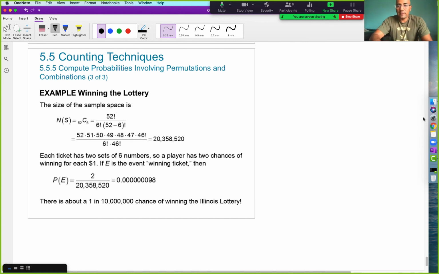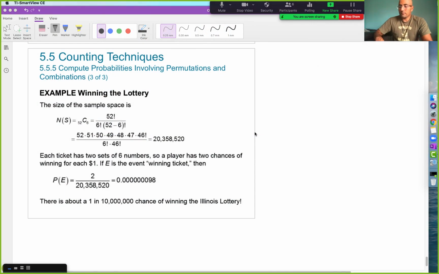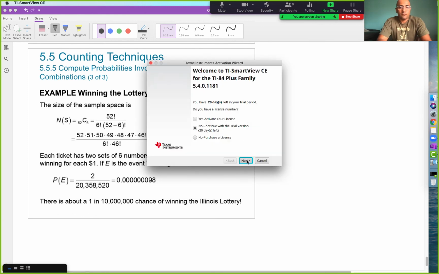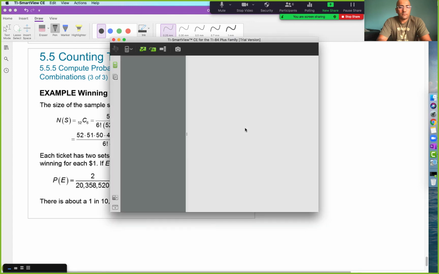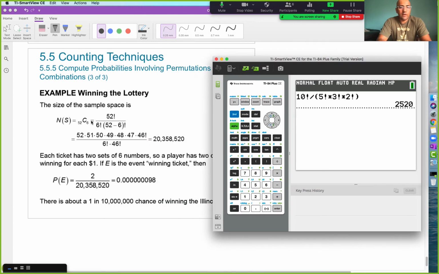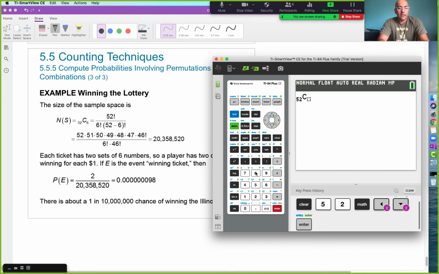Again, let's just practice with our calculator and confirm that that's what you get when you use combinations. We enter 52, then math, over to probability, down to combinations, enter, and we're going to choose 6.